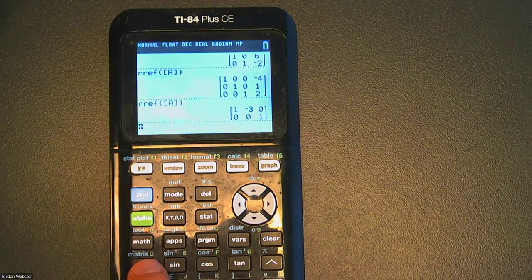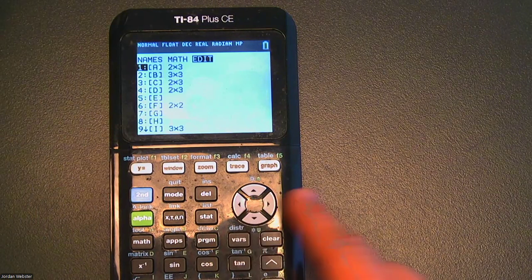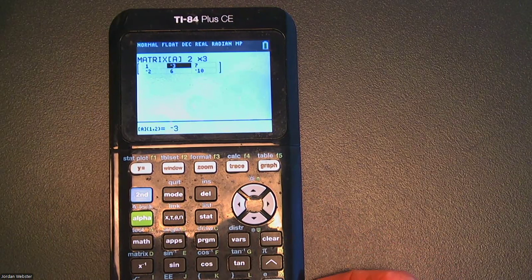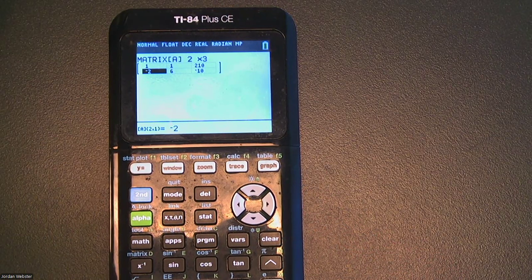As an augmented matrix, that would be 2 by 3. A plus B is equal to 210. And then 0.14A plus 0.45B is equal to 0.22 times 210.